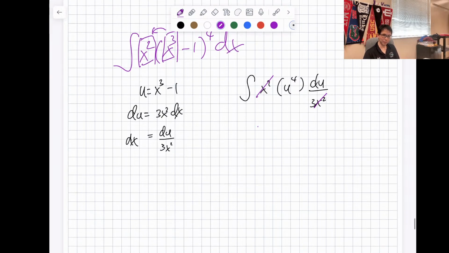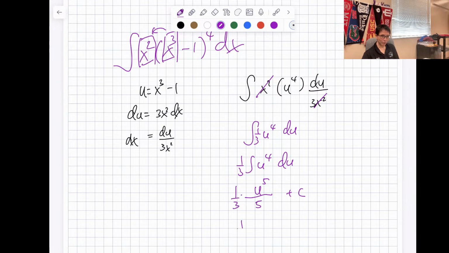So that's gonna be u to the fourth du, and there's a 1/3. Now you can take 1/3 outside because I don't like that 1/3 in the front, kind of confusing. So it'll be u to the 5 over 5 times 1/3 plus c. So it'll be 1 over 15 of x cubed minus 1 to the 4 plus c.